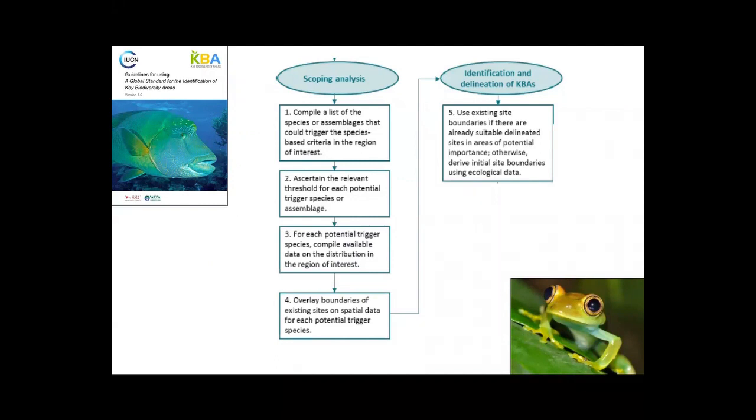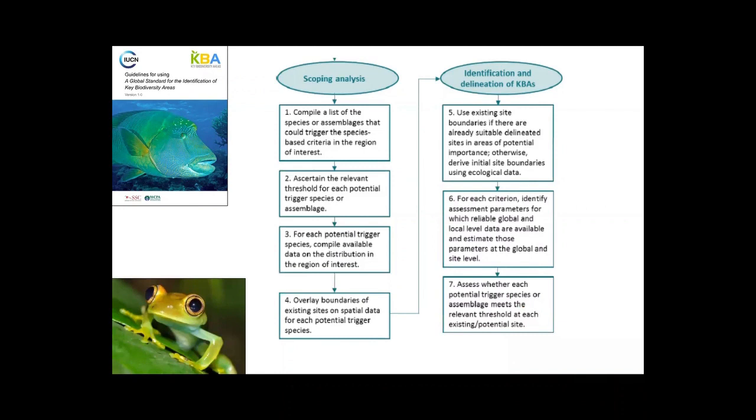And so at this point, the scoping analysis really is complete. At this point, we should have a list of the species that might trigger criterion A1 in the region, a list of existing sites that might qualify as KBAs under criterion A1 for different species. And we may have identified areas of importance outside existing sites that merit further analysis and review.